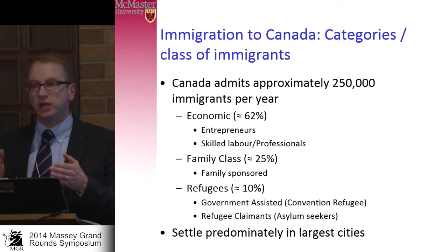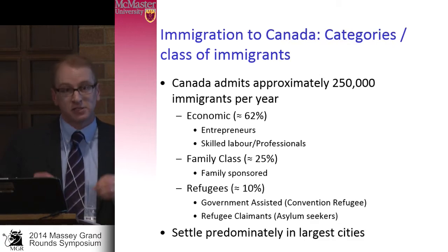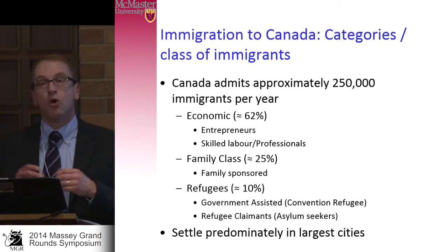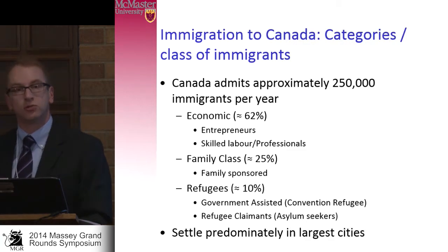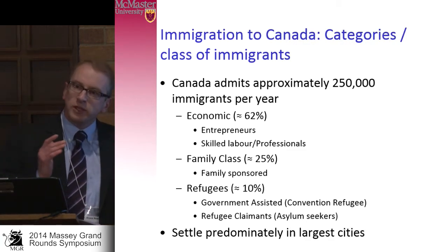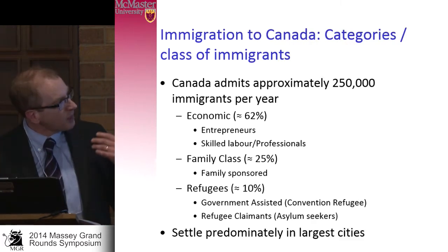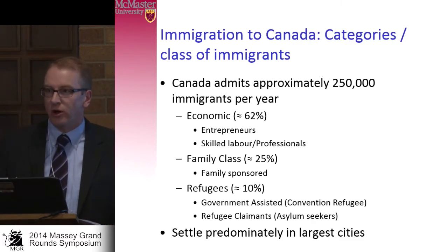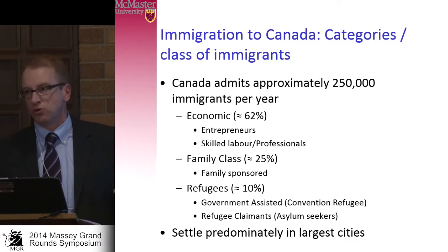But there's also the intent to make sure that they stay in those places, to stay in Sudbury or Thunder Bay, for example, rather than people coming in and then filtering away into places like Toronto. So these cities have developed these policies in order to make them more welcoming. So it's not just a Toronto thing. It is an issue that is reflected across numerous cities and towns across Ontario and literally across Canada.